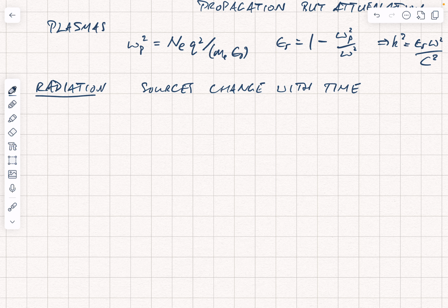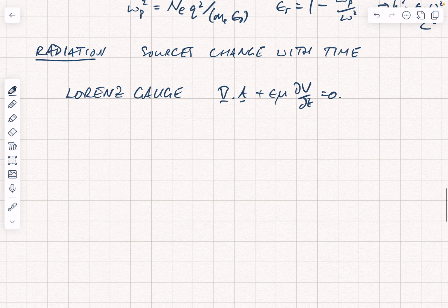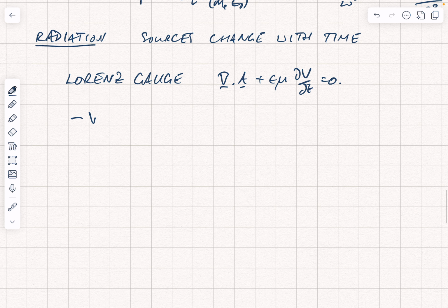So now we've got sources which change with time, and in this case we found that we had to do something different for the divergence of A. And so what we have is the Lorentz gauge, and this is where we're wanting to solve for the potentials. So here we say that the divergence of A plus epsilon mu dV by dt is equal to 0. And if you do that, then it's easy to show that you can get the following wave equations for the potentials.